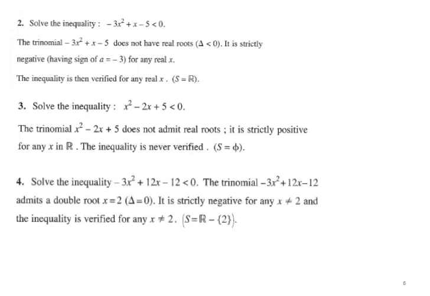The last example, here we have minus 3x squared plus 12x minus 12. For this trinomial, when you do the delta, it's 0. So we have a double root, so it takes the sign of a. The sign of a is negative, so this is negative for every x, and we need it negative. But I excluded the 2.